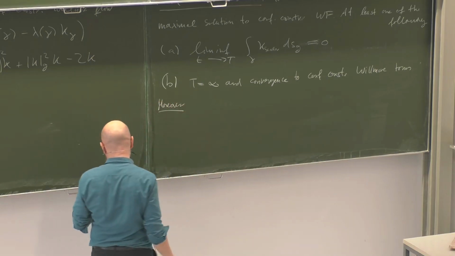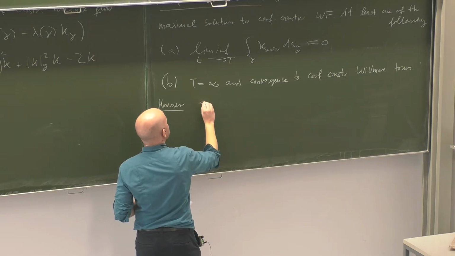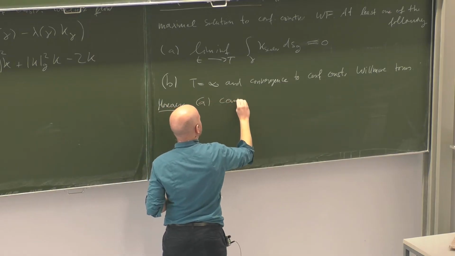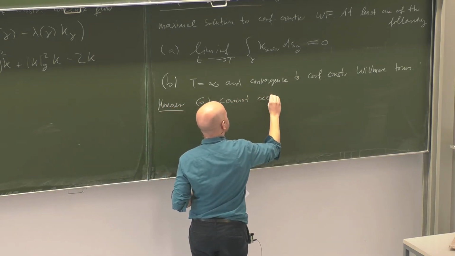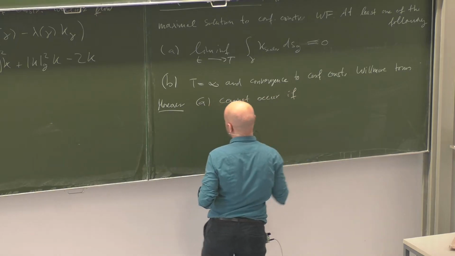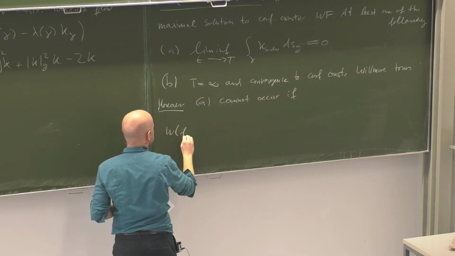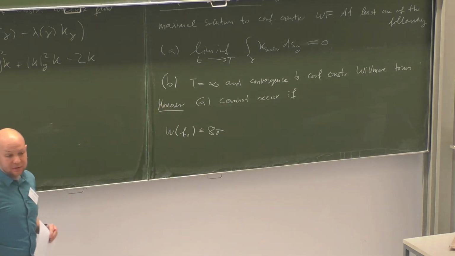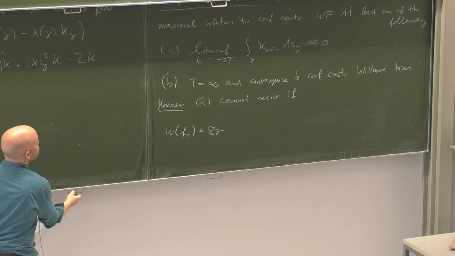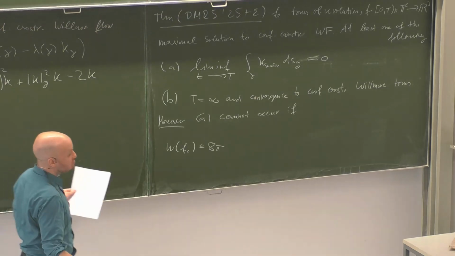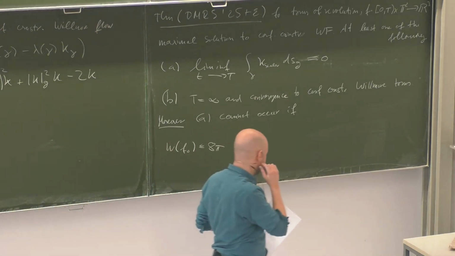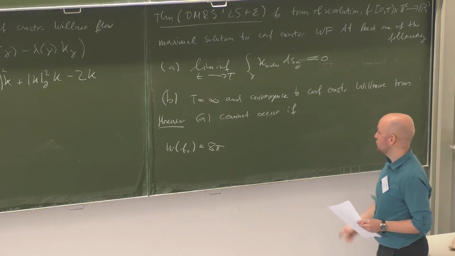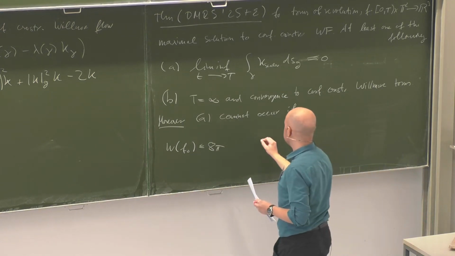Under the following assumptions, A cannot occur if, and this maybe comes as no surprise, the initial datum has energy less than 8 pi, retrieving the usual condition to rule out singularities.